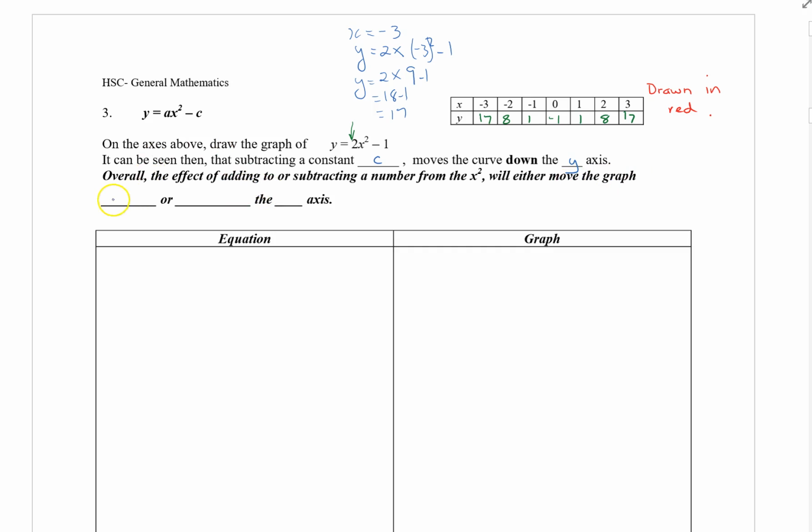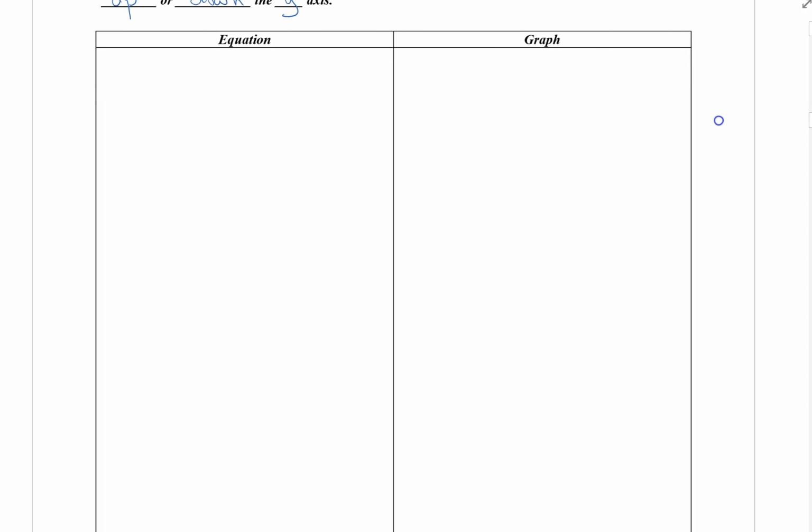So if we add it, the graph goes up, or if we subtract it, the graph goes down the y-axis. I'm going to demonstrate a couple of general equations and their graphs, and I'll do that in this table in another video.